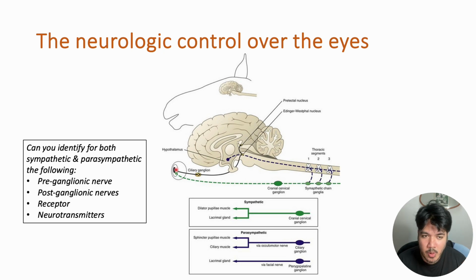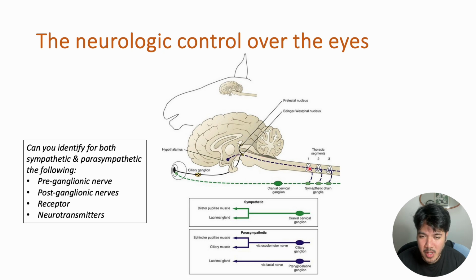If you're familiar with what we call the pupillary light reflex, that's mediated by the parasympathetic division of your eyes. Now the sympathetic division is a little bit different. It has a very long pathway, and it starts from the region of the brain and makes its way all the way down to your thoracic spine.